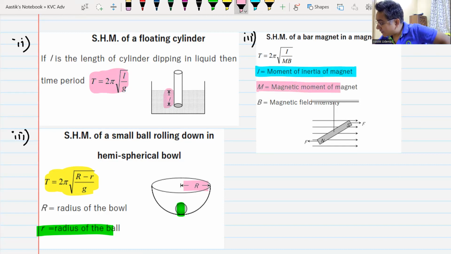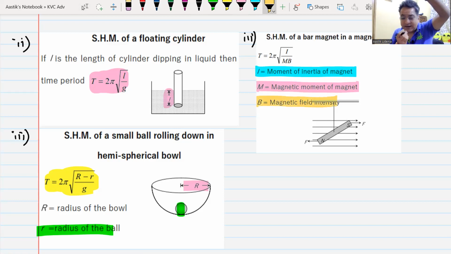M is known as the magnetic moment, and B is the value of the magnetic field. So you hang this, and if you give it a small twist, it will start to execute simple harmonic motion. That is number 3.